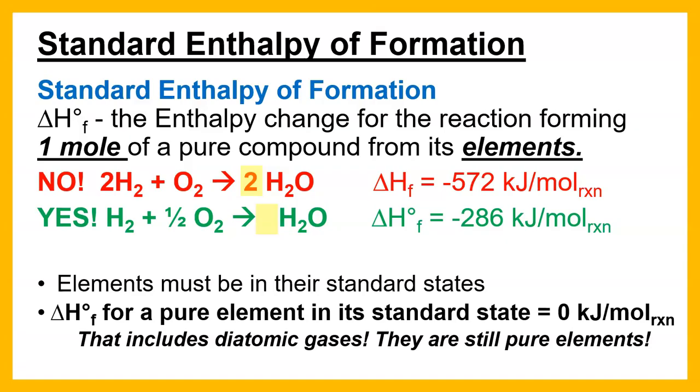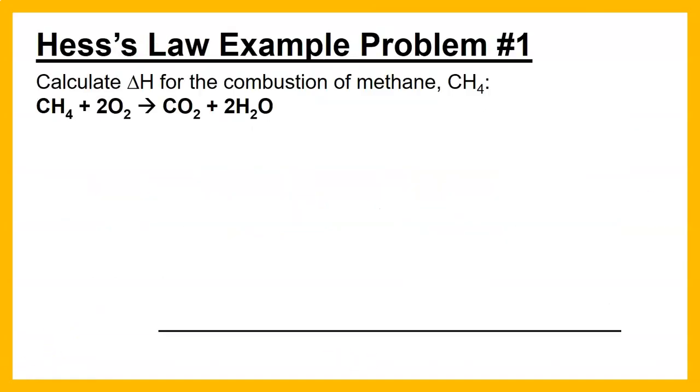Always double check though, weird ones like iodine, right? Bromine, those are not always gases under standard conditions. So pay attention to those little details that you'll come across in things like your warm-ups and your homework and things like that.